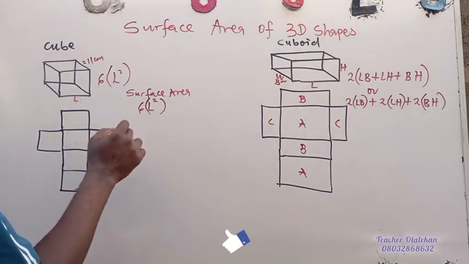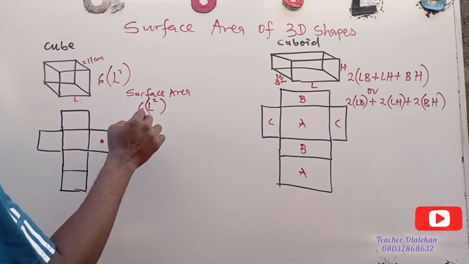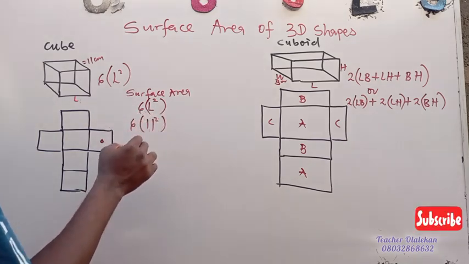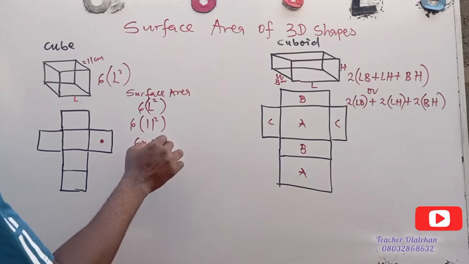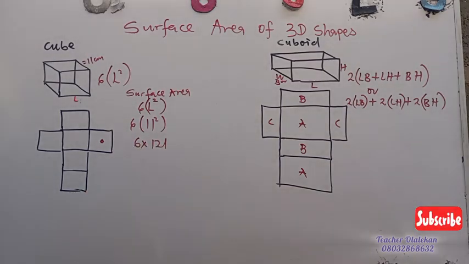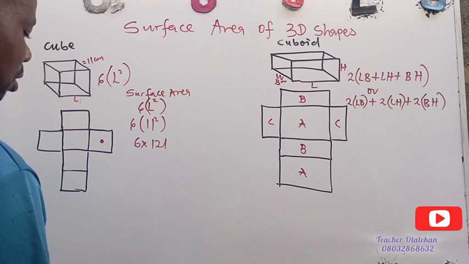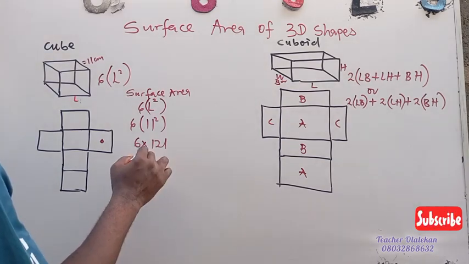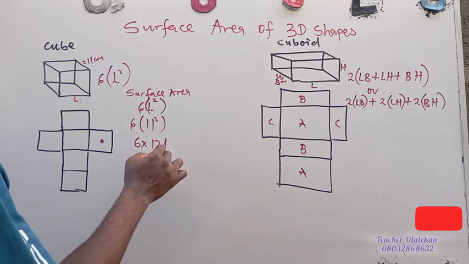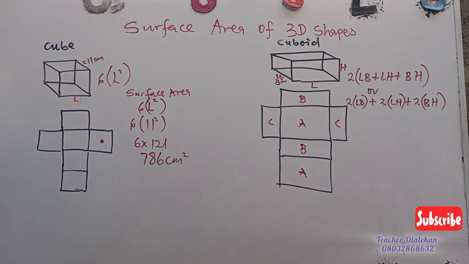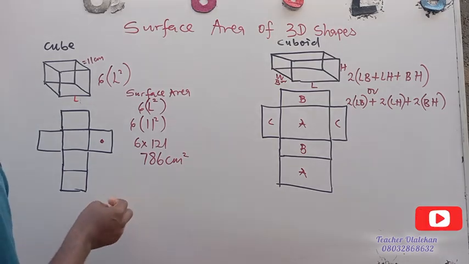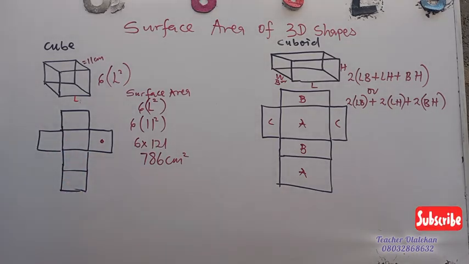So that would be 6 times 11 square. 11 square is 121, so that would be 6 times 121, which gives us 726 centimeter square. Surface area is always in centimeter square because it is derived from area, and area is in centimeter or meter square, and in some cases maybe inches.